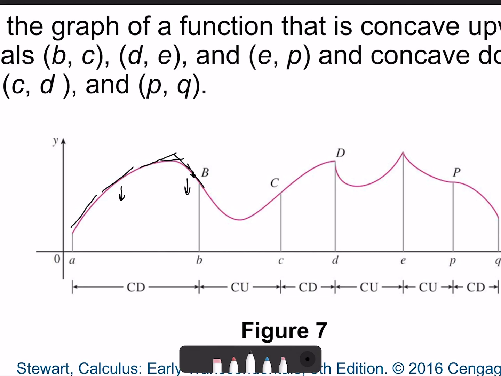But at point B, there's a change. When x equals lowercase b, now my tangent line resides below my curve, or the curve is above the tangent line. So here we're concave up. This is concave up, concave down. Here we're concave down.